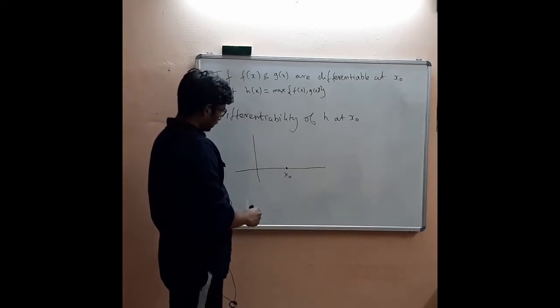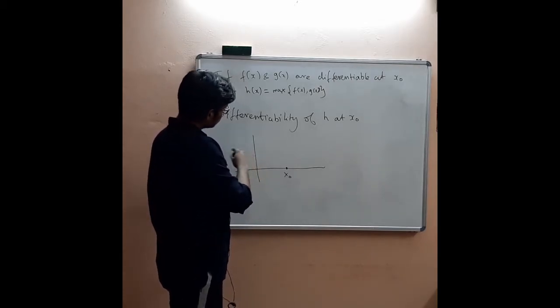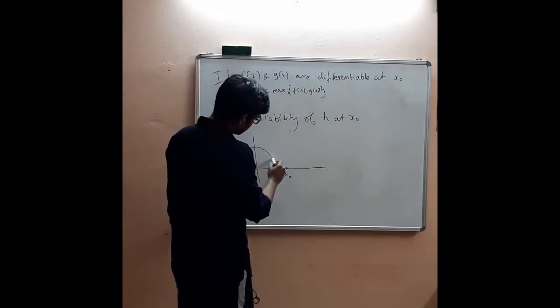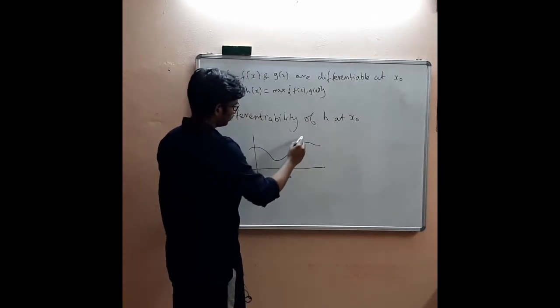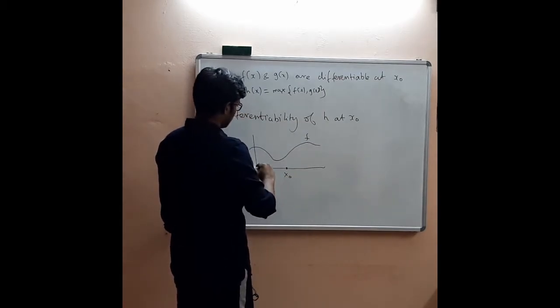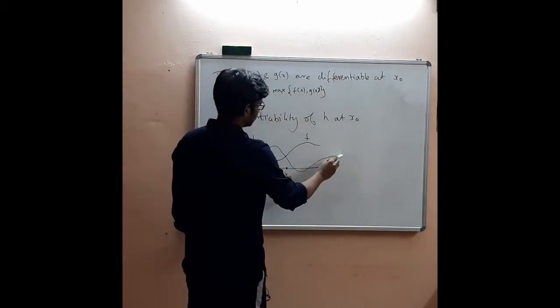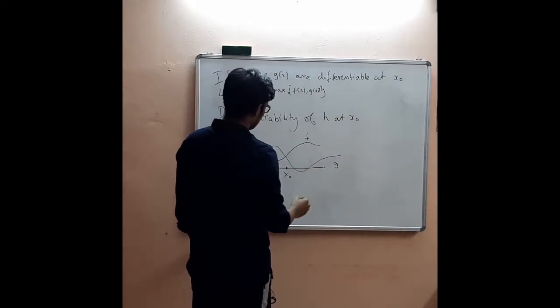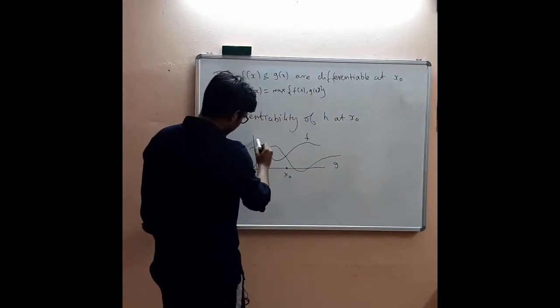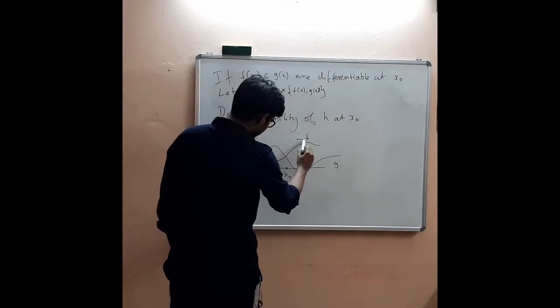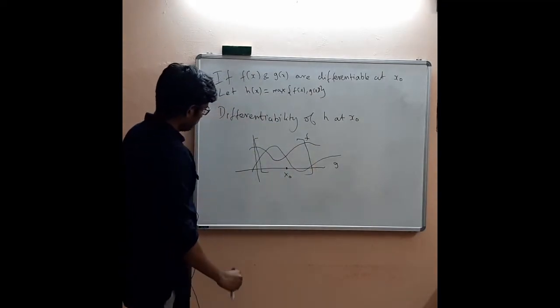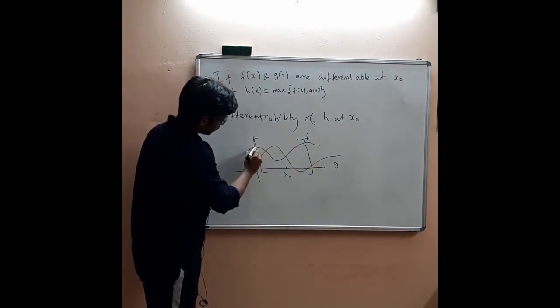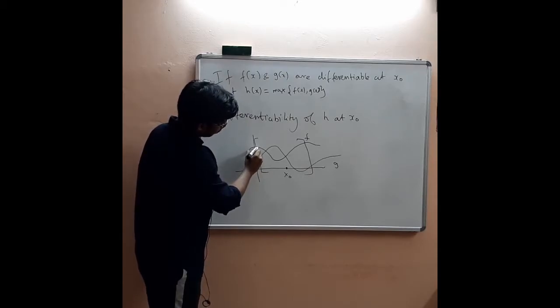And let's think about some function. Let f be like this, and let this be g. If we just look in this interval, here h will take the values of f.